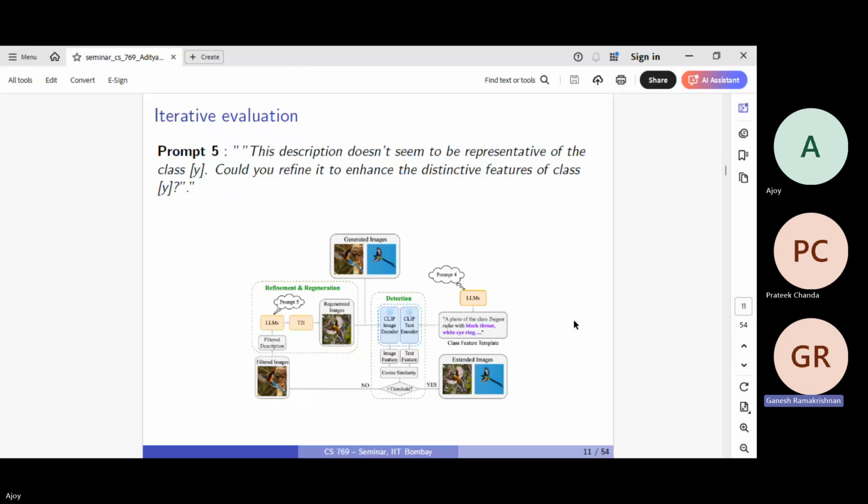They say the description is not matching. But who detects that the description doesn't match? How do they detect it? Just by cosine similarity, between the image and the text.